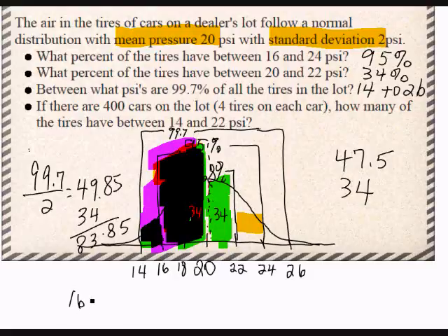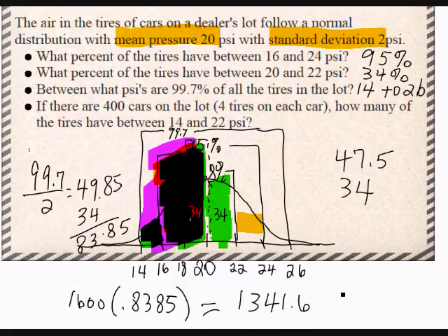Now I have 1,600 tires, so I take 1,600 times 0.8385. Looks like a mess, but you'll play with this and have fun with it. That is 1,341.6.